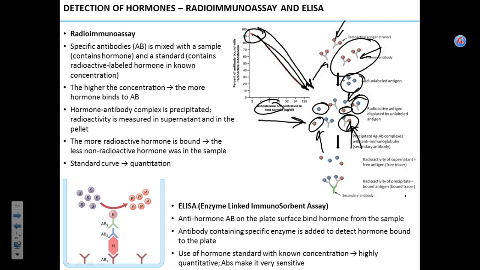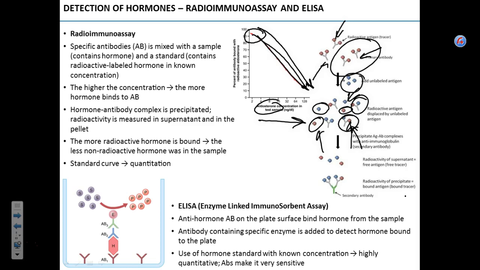What I want you to understand about this method is the concept that non-radioactive hormone substitutes for radioactive in interaction with antibodies. Okay? Now this method is awfully inconvenient, honestly, because radiation is involved.